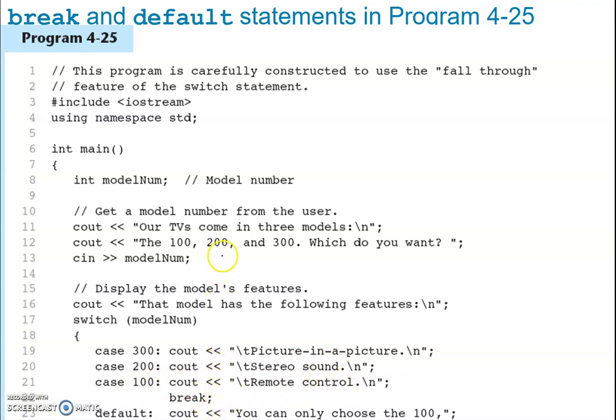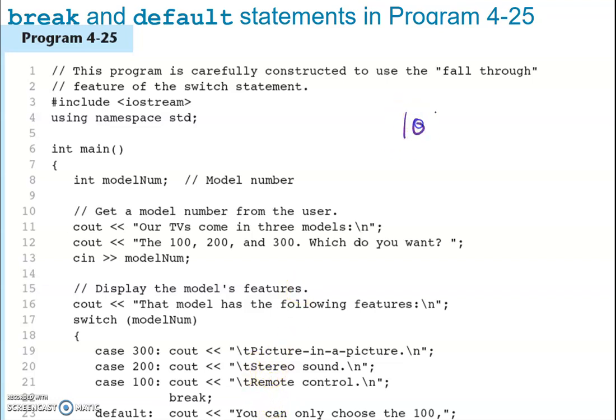If they enter 200, it doesn't match 300, but the 200 model will match at 200 saying it has stereo sound, but it also will pick up that it has a remote control. And then it breaks. The 100 model won't match 300, so it doesn't have the picture-in-picture option. It doesn't have the stereo sound option, but it has the remote control option, and it will choose that, and it breaks out. So this one is well constructed.